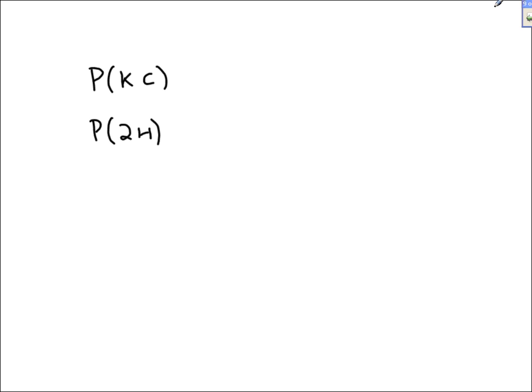A king, a non-king. Now, the key thing with probability is to come up with a clever way of thinking about the problem. These are 51 cards.